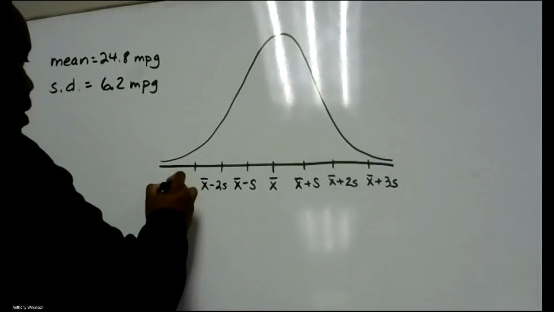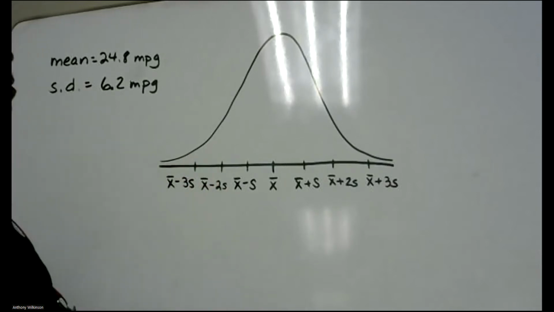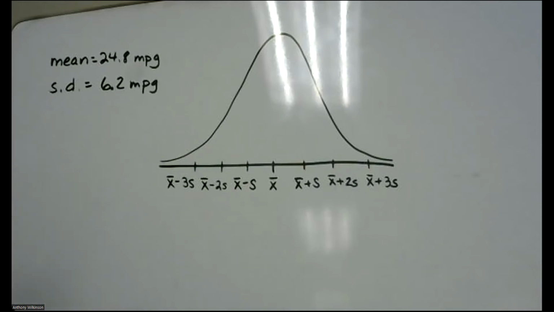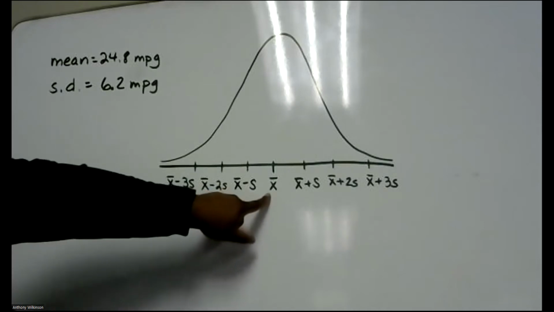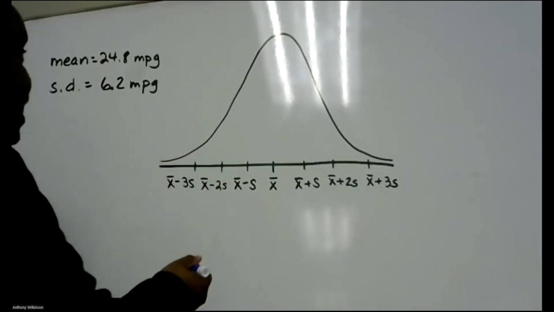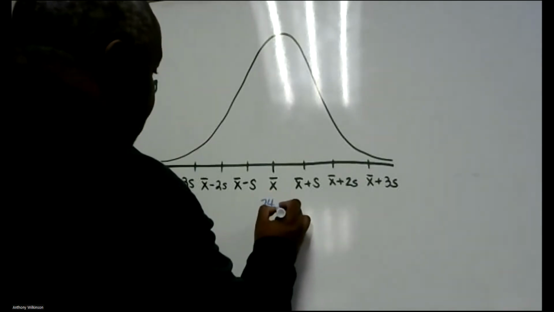Then 1 more off to the left will be X bar minus 3S. Now my X bar, which is the mean, is given to be 24.8. So that X bar is 24.8.